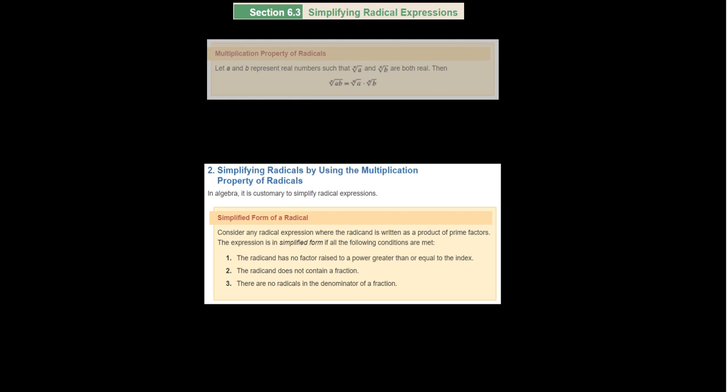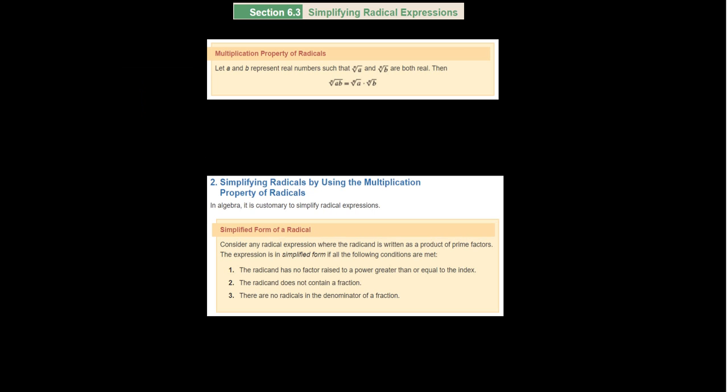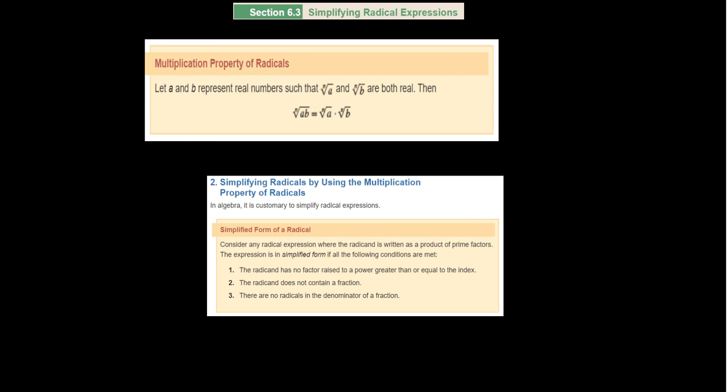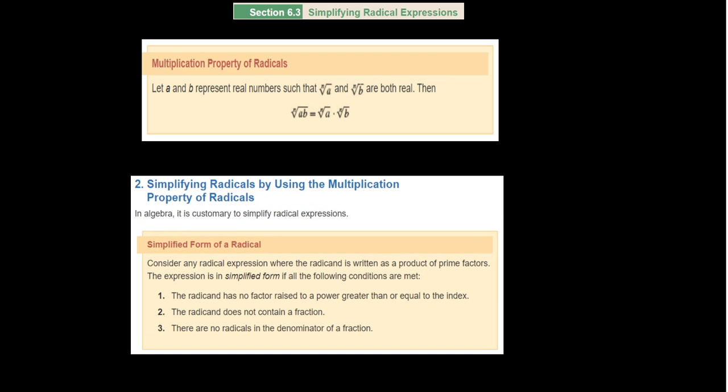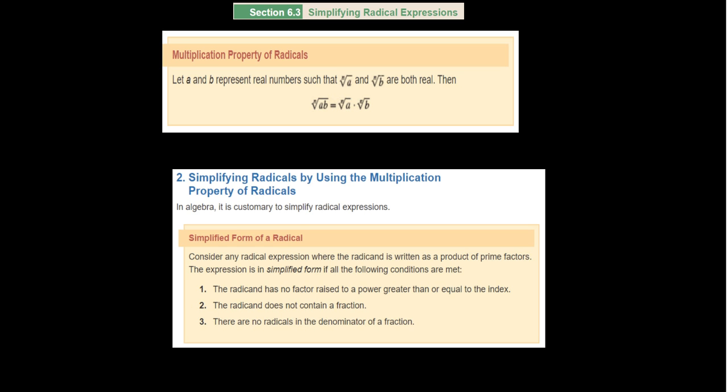Alrighty, so the multiplication property of radicals, and these are kind of tiny, so let's go ahead and make these a little bit larger. It's just the exponents there, or not the exponents, the index there. All right, so let's try this.